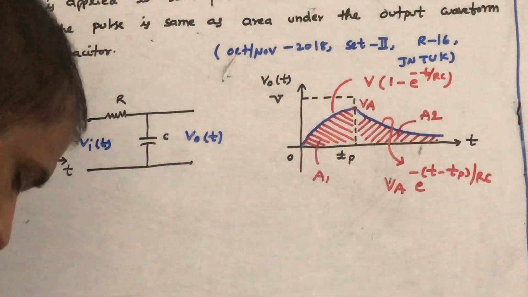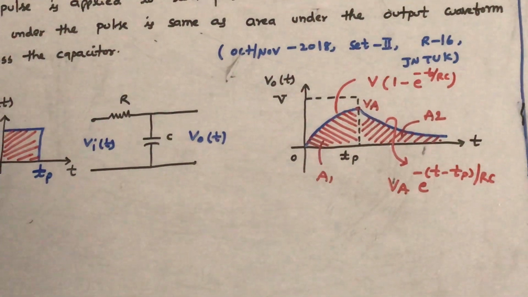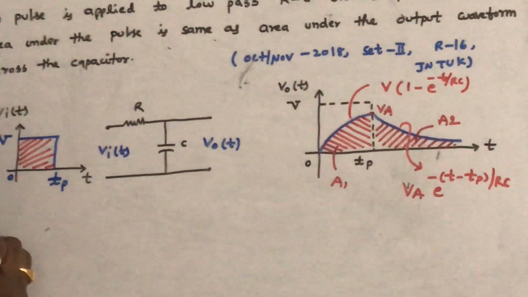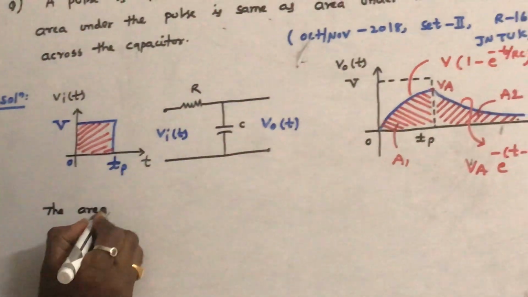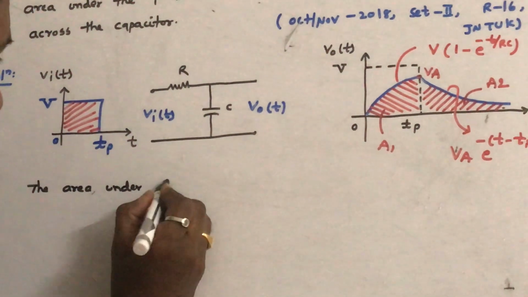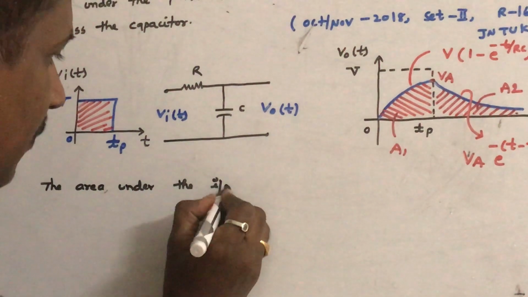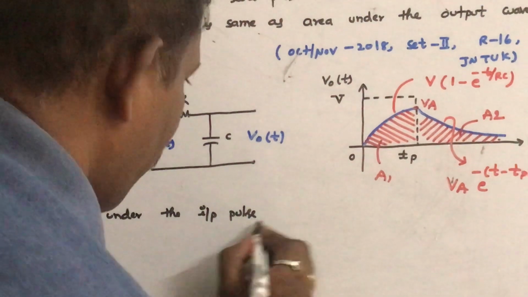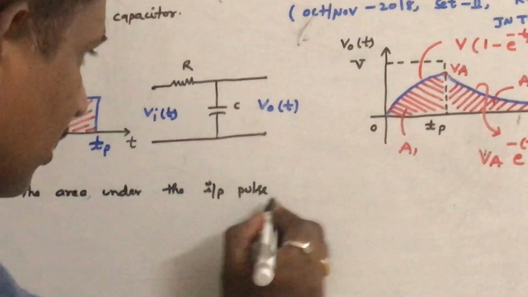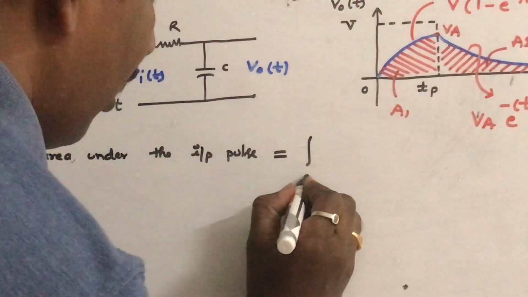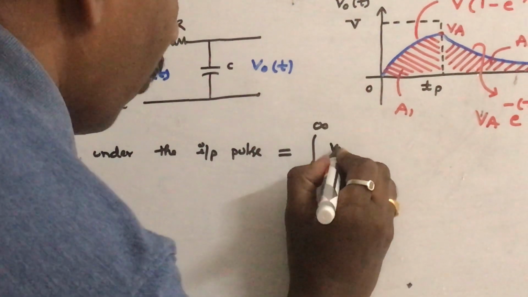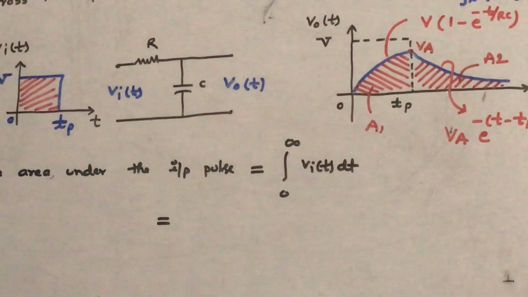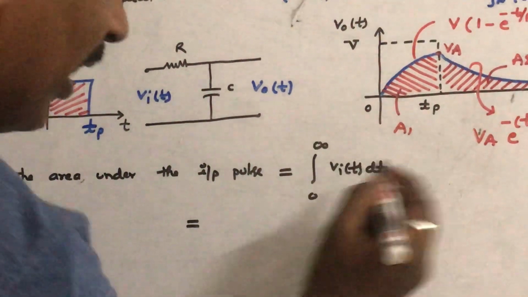Now first let us calculate the area under the input pulse. How to calculate the area under the input pulse? A very simple mathematical formula: the integral from 0 to infinity of Vi of t dt gives the area.